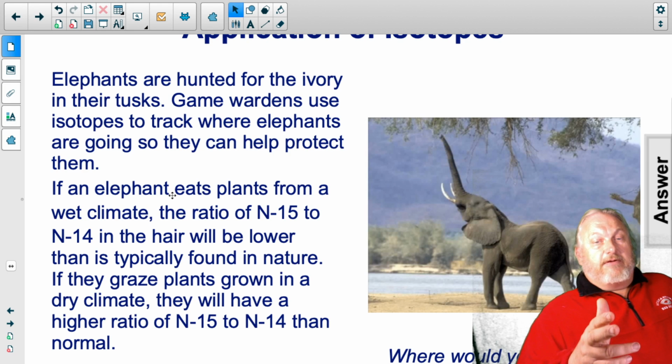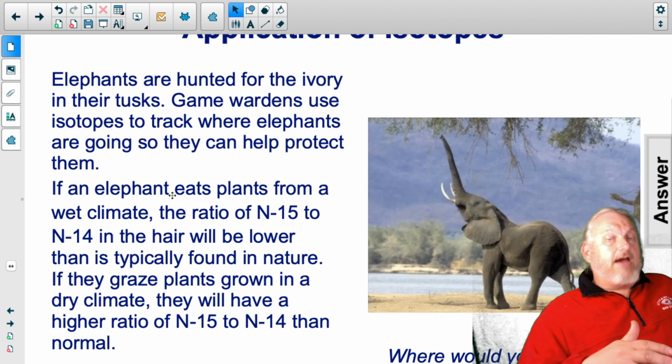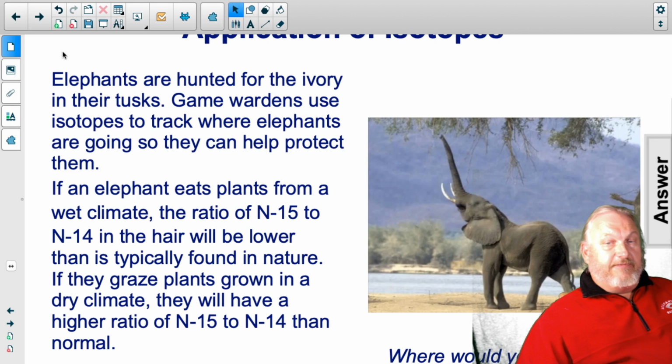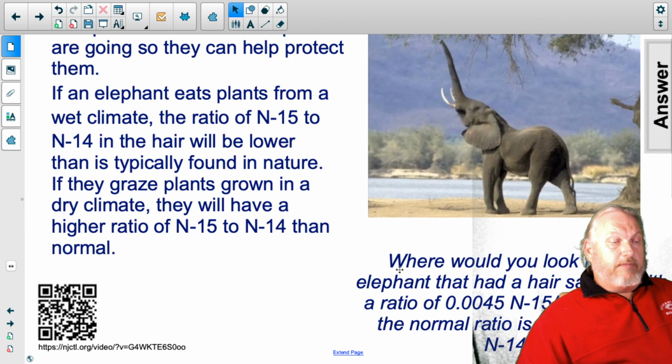If they graze on plants grown in a dry climate, they will have a higher ratio of nitrogen-15 to nitrogen-14 than normal. Where would you look for an elephant that had a hair sample with a ratio of 0.0045 nitrogen-15 to nitrogen-14, where the normal ratio is 0.034?